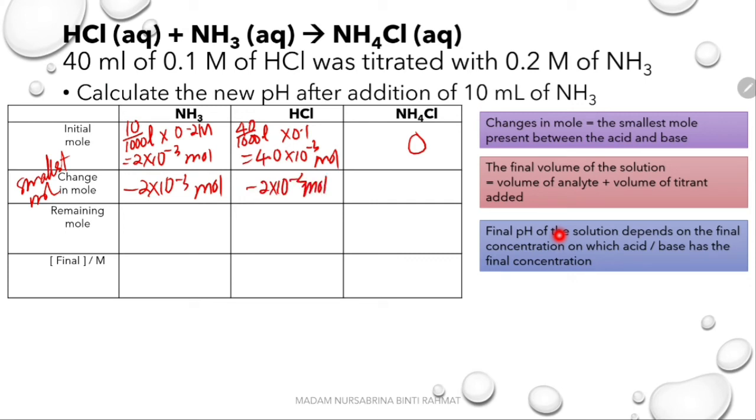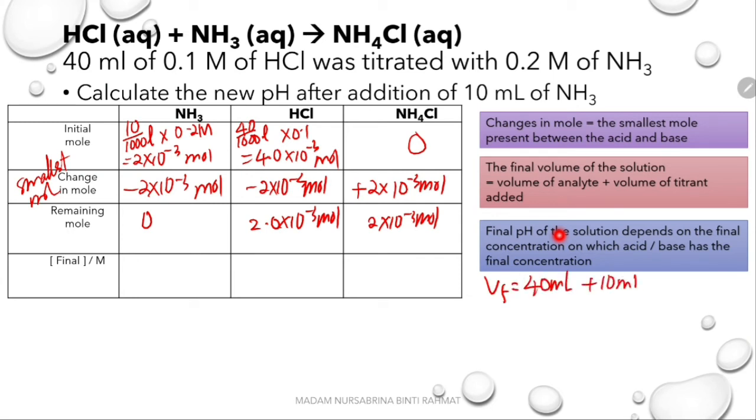And we produce ammonium chloride throughout the titration or neutralization reaction, so the change for ammonium chloride is positive. The remaining mole is simply the addition, so ammonia is 0 and this one becomes 2.0. The final volume of the solution is 40 mL of HCl plus 10 mL of NH3, so a total of 50 milliliters, which is equal to 0.05 liter.